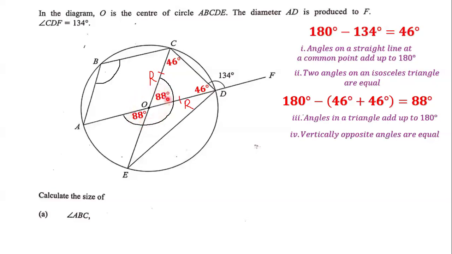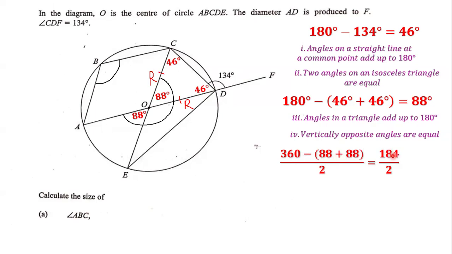And so since we're going to figure out what is this angle and what is this angle, let's take 360 and subtract 88 plus 88. 88 plus 88 is equal to 176, and 360 minus 176 is 184.